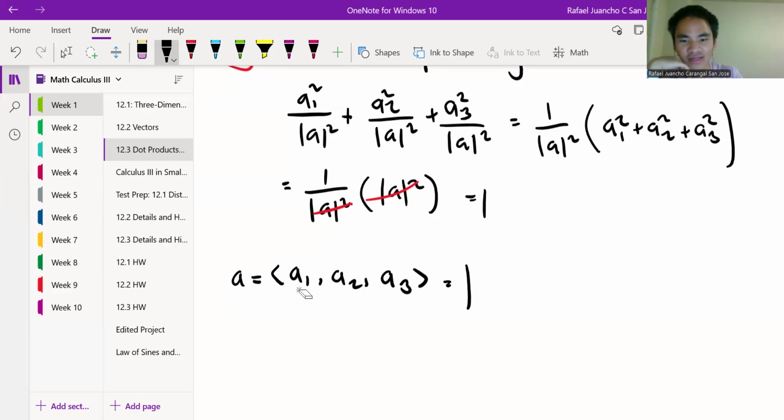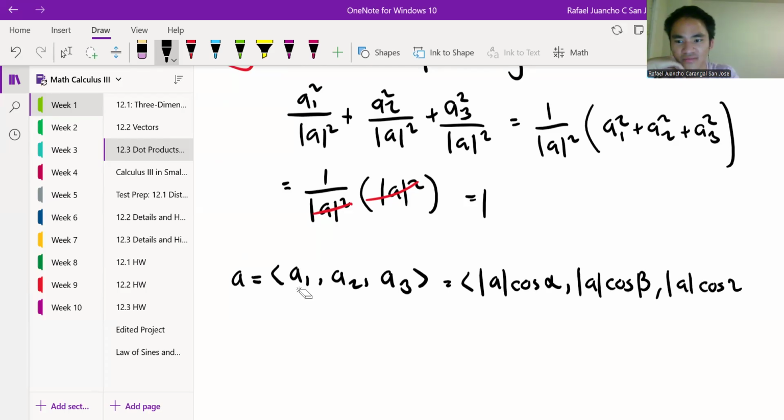And we can actually write something like this. Funny enough, that's length cosine alpha, length cosine beta, length cosine epsilon.